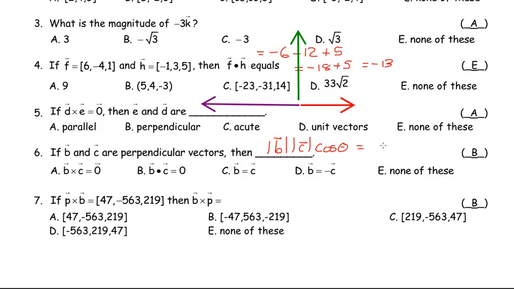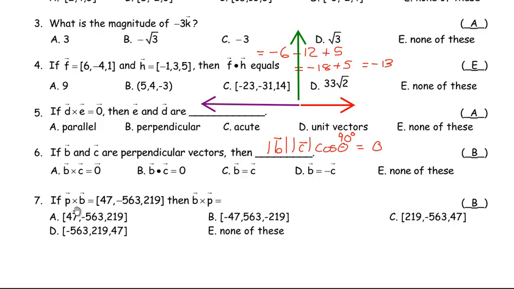And if they're perpendicular, the only way that can equal 0 is if this is 90 degrees, because the cosine of 90 degrees is 0. So that's why a dot product of 0 means the two vectors are perpendicular.